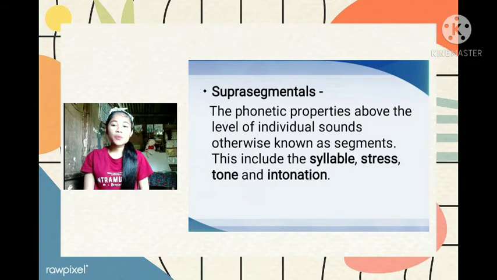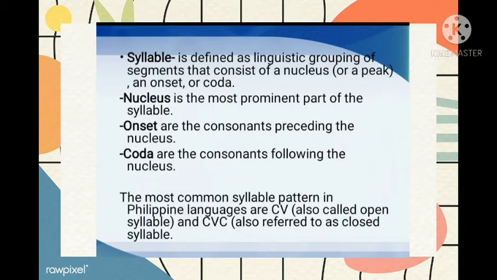The phonetic properties above the level of individual sounds, otherwise known as segments. These include the syllable, stress, tone, and intonation. Next is the syllable, defined as a linguistic grouping of segments that consists of a nucleus or peak, an onset, or a coda.